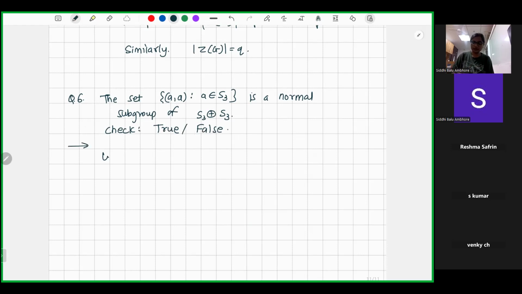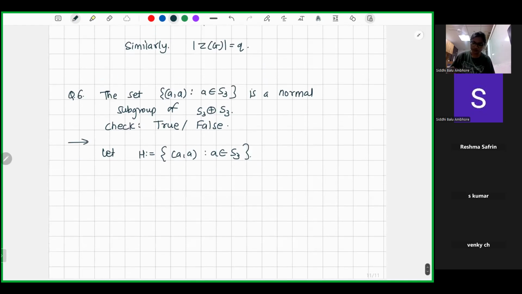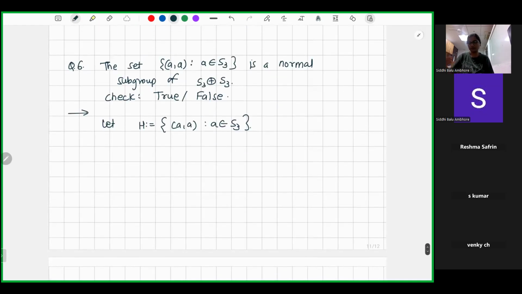Okay, so let us denote this H to be {(A, A) : A in S3}. I hope you know what this means, right? (A, A) means elements of this form. I mean, A is in S3 and we are taking a tuple of that.